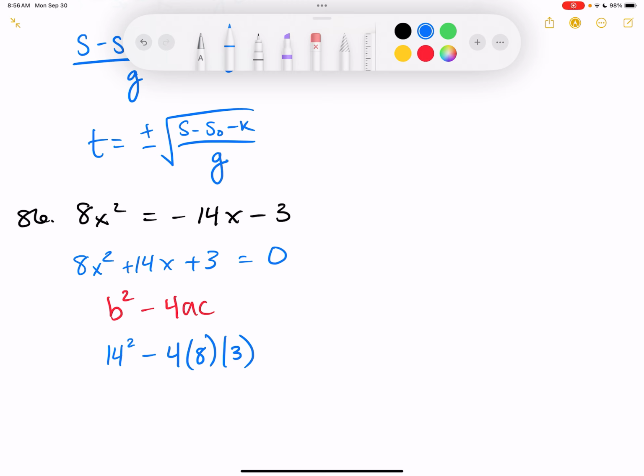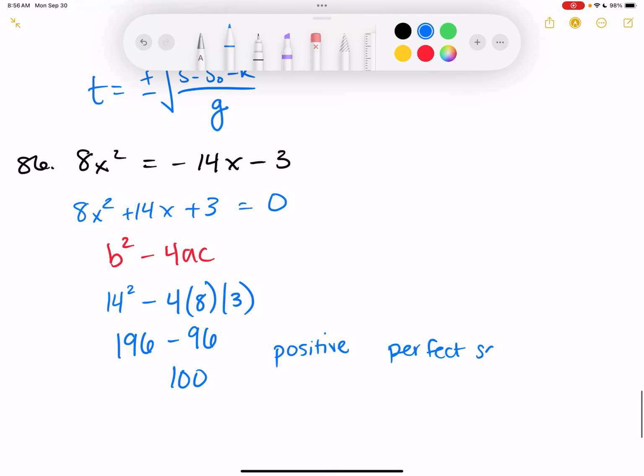So 196 minus 12 times 8, what is that? 96. So this is equal to 100. So this is positive. And is 100 a perfect square? Yes, it is. So this is a perfect square.